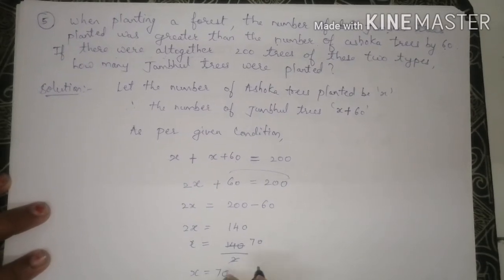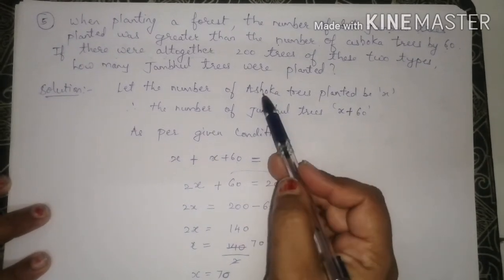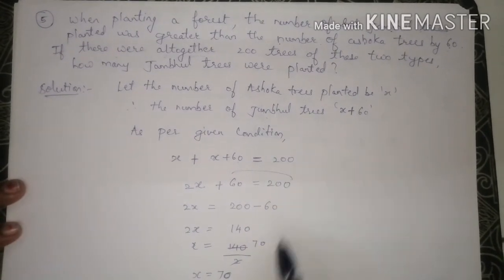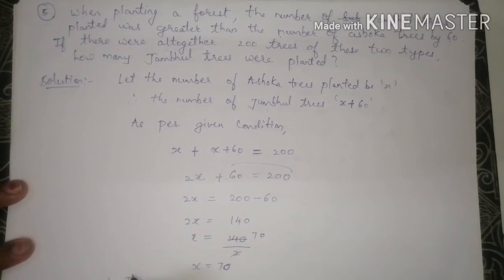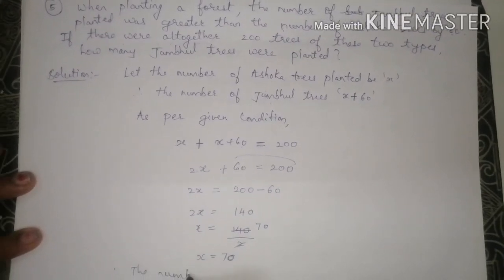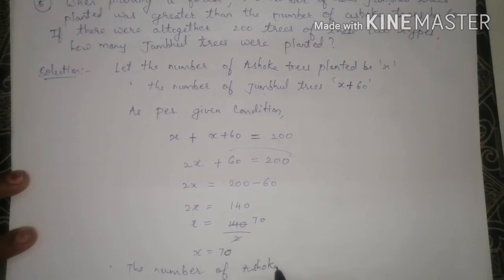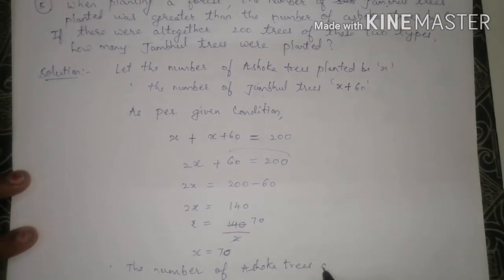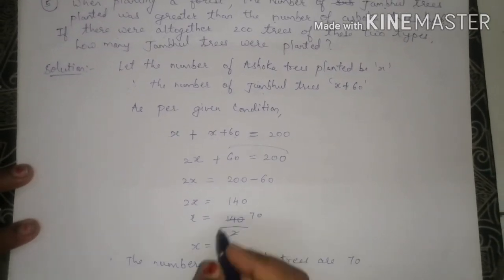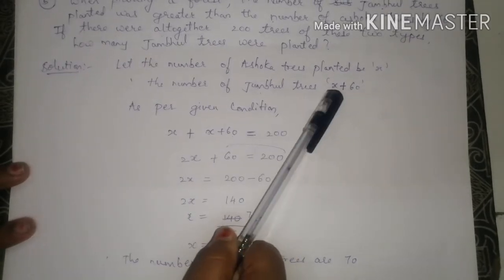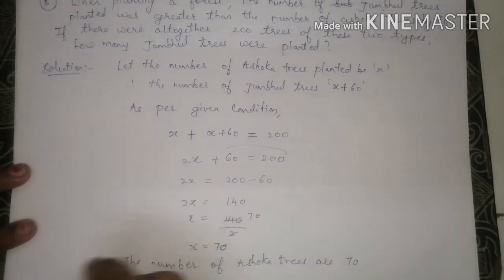We got the value of x as 70, meaning we got which trees? Ashoka trees. So the number of Ashoka trees is 70. And how will we get the jambul trees? By putting the value of x in x plus 60.